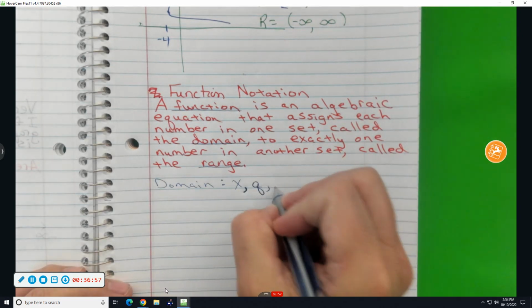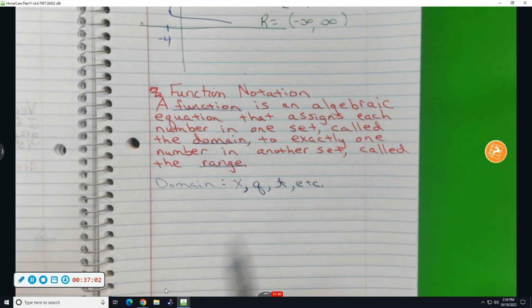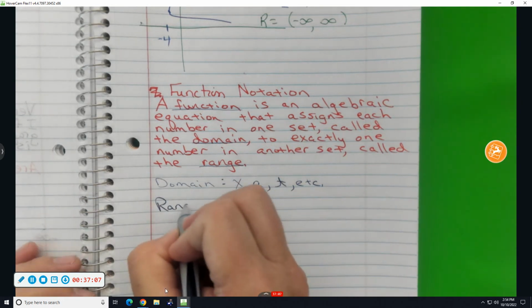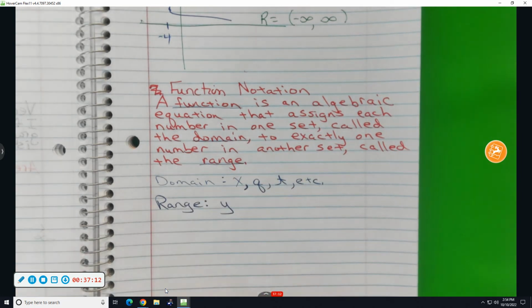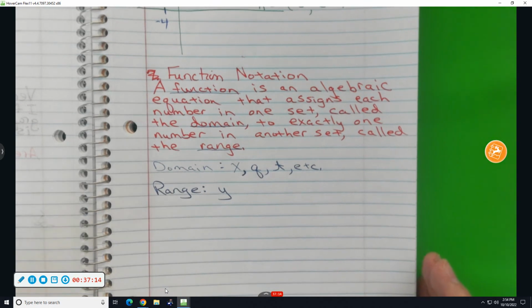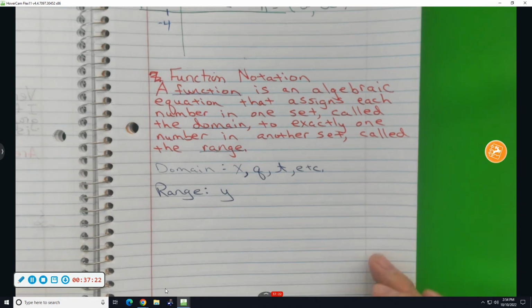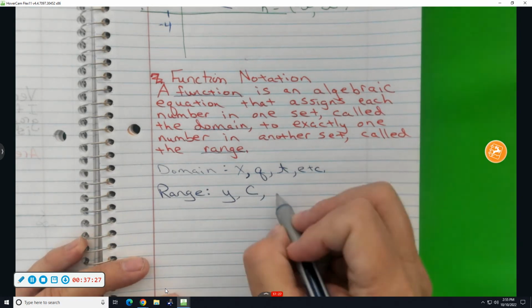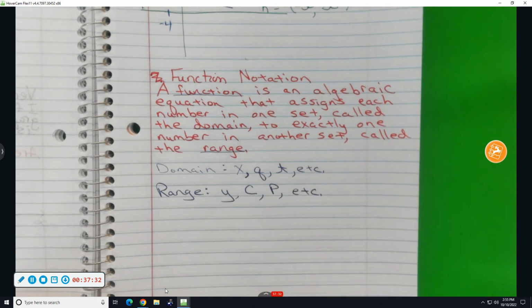So Q or T, etc. But the most common domain variable is x. For range, what do you think the most commonly used variable is? Oh, I think I wrote it, didn't I? Range is the set of all y values, so a y, but once again, you could use any variable. In my business calculus class, we use C for cost functions, and we use P for profit functions. It can be any letter, but the most commonly used letter is y.